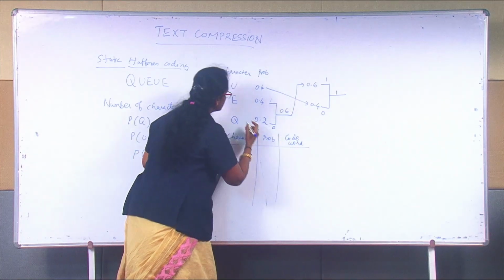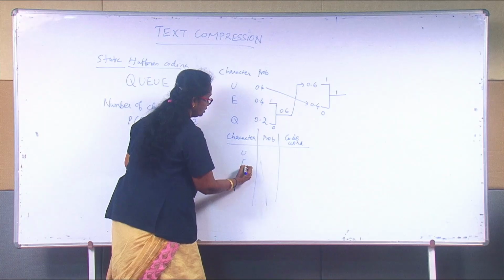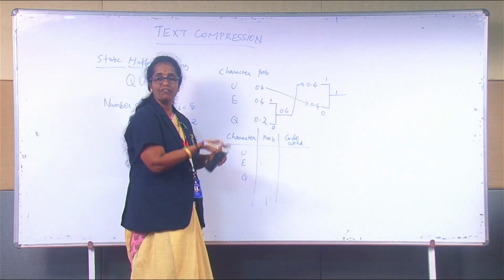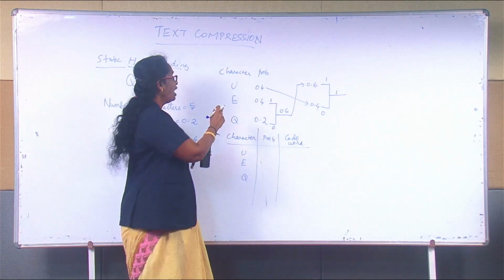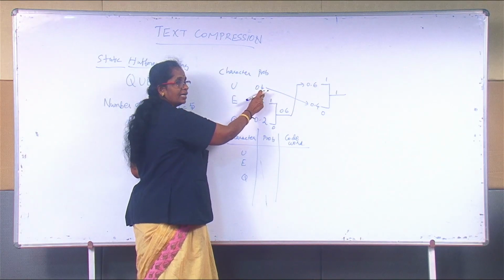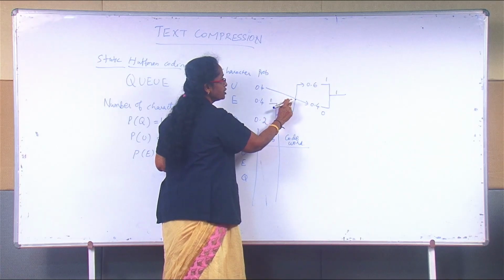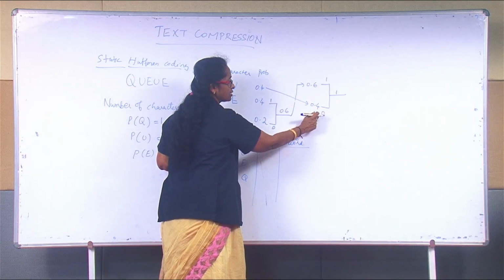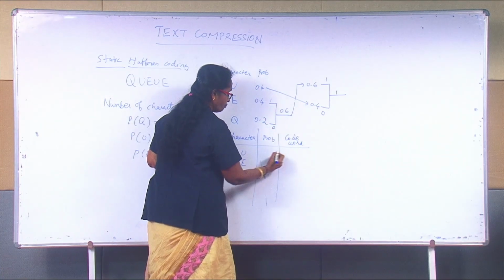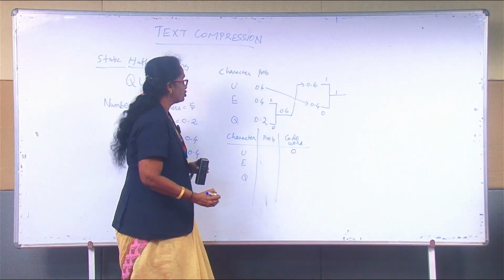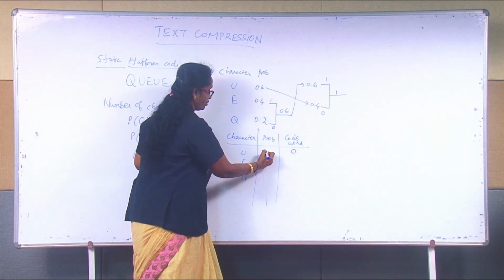So, what are the characters we have? U, E and Q. You have to read the tree from left till the end. At the first stage, have you assigned any binary bits for this? No. You follow this path and then at this stage it is assigned 0. Therefore, the character U is assigned the code word 0 and its probability is 0.4.